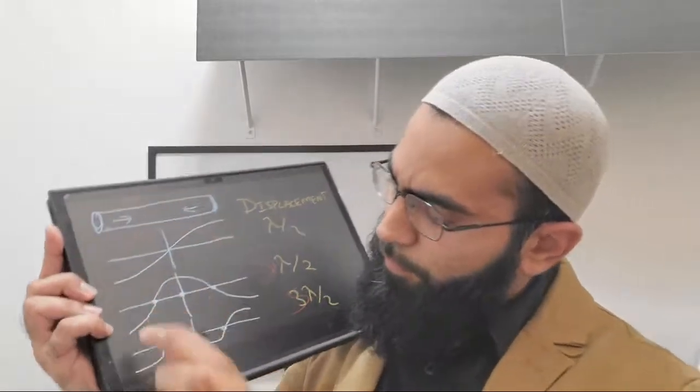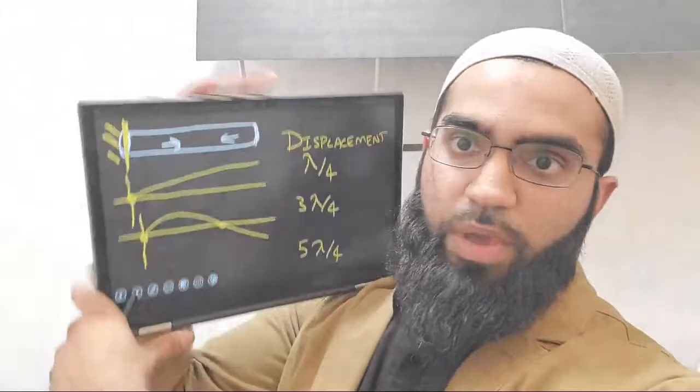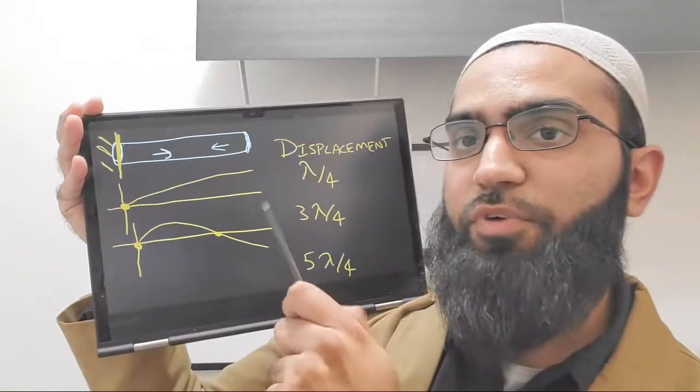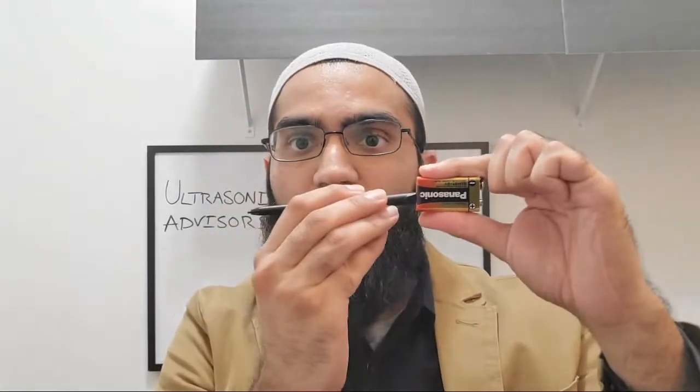All right. Let's go to the next slide here. So here we have a clamped free condition. The clamped free condition is very similar to the case where you have a transducer and then you have a stepped horn, right?